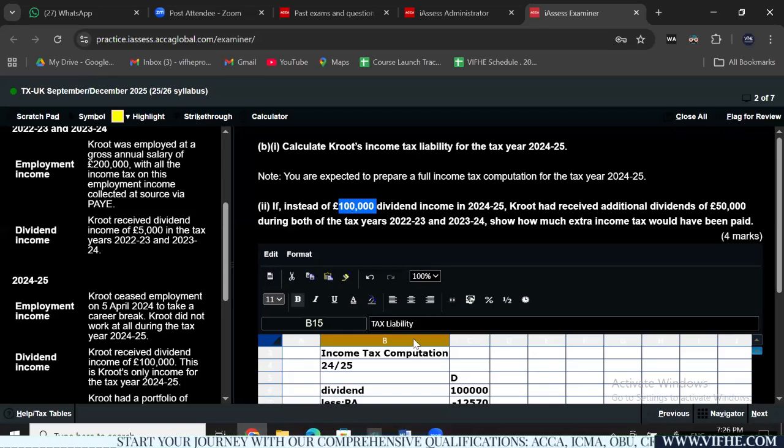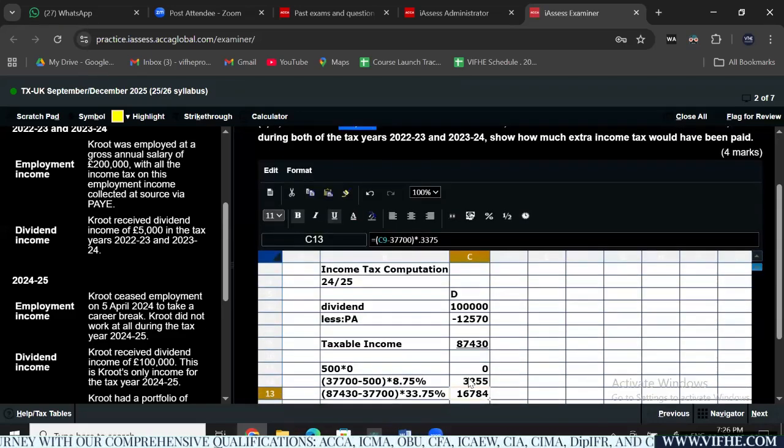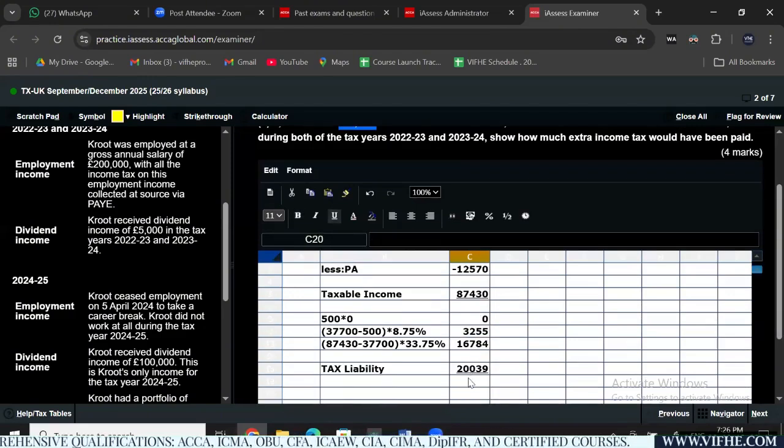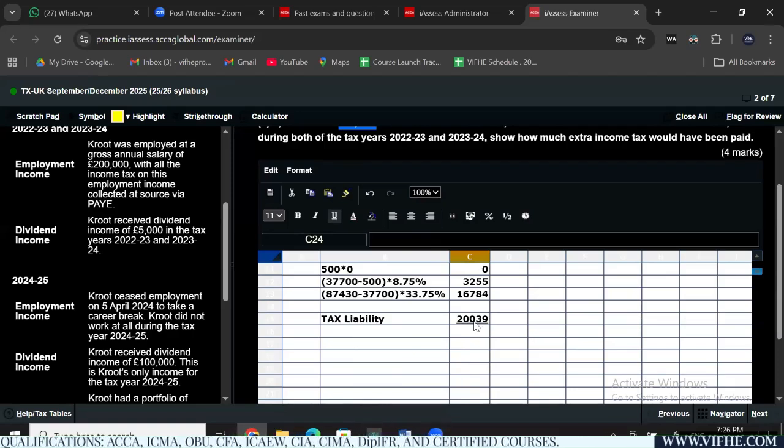Okay, so we're comparing. If he receives £100,000 altogether in the tax year 24-25, we know his tax liability is £20,039.